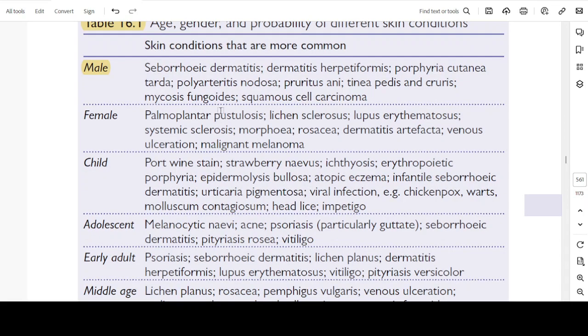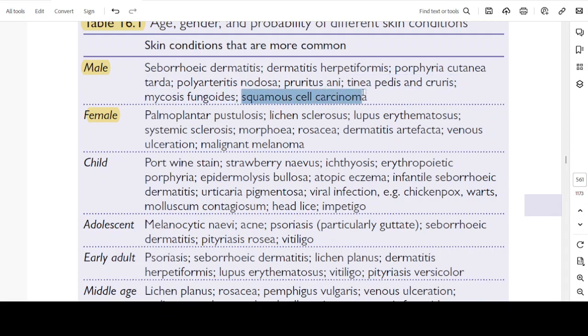These are all common in males, whereas in females: palmoplantar pustulosis, lichen sclerosus, lupus erythematosus, SLE, systemic sclerosis, morphea, rosacea, dermatitis artefacta, venous ulceration, malignant melanoma.